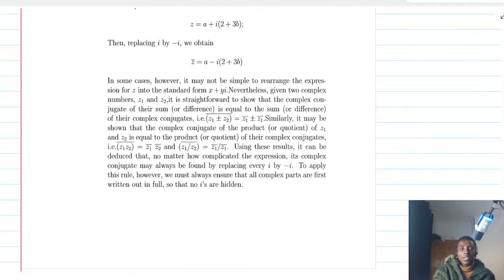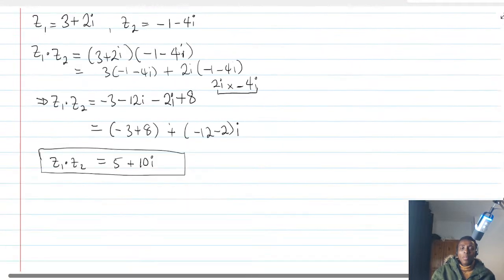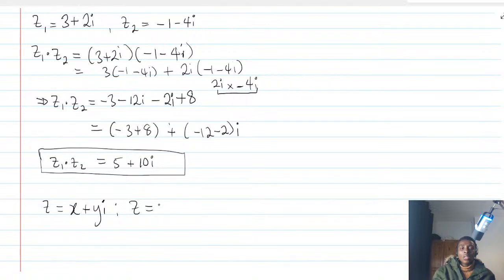For instance, let's say that you have z equals x plus yi, or let's say you have z equals what? a plus bi.